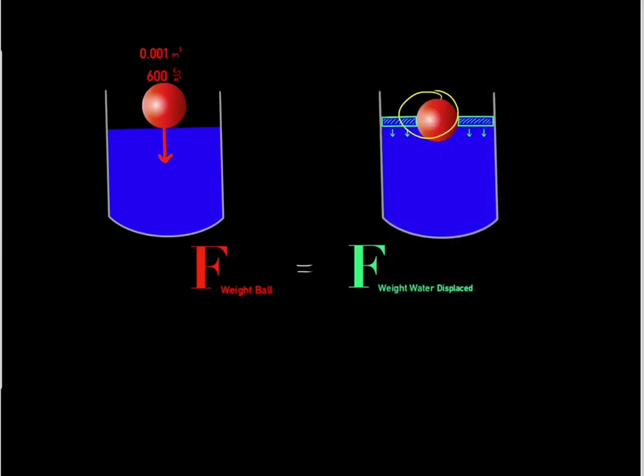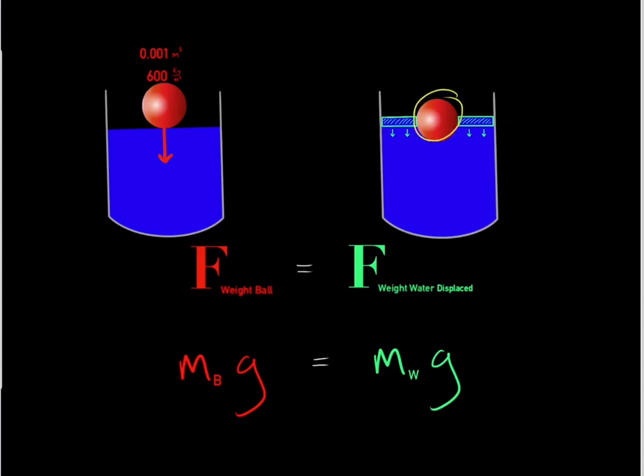So once this ball reaches an equilibrium and is floating, we know the force it feels downward due to its mass has to equal the force of this particular amount of water that's been displaced wanting to go downward, applying a buoyant force. Those two forces must equal each other, like we just said. So therefore, we can compare these two forces.